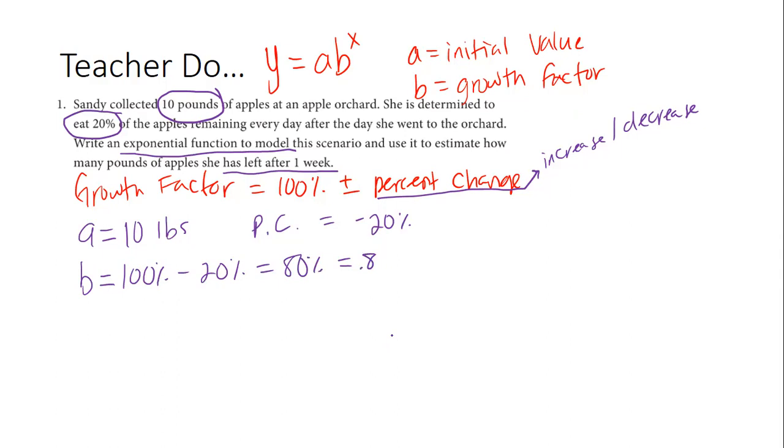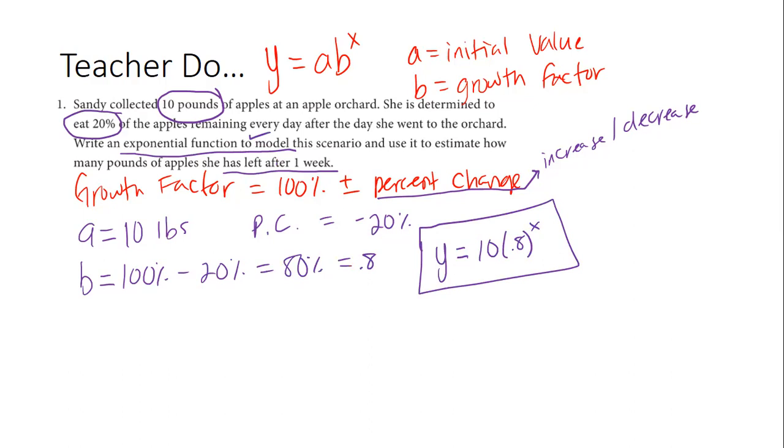Do I have all the parts to write my equation? Yes. And what is my equation? y equals 10 times 0.8 to the x power. So there's my equation. So the first thing it said to find is write your exponential function. Did I do that part? Yes, that piece is done.